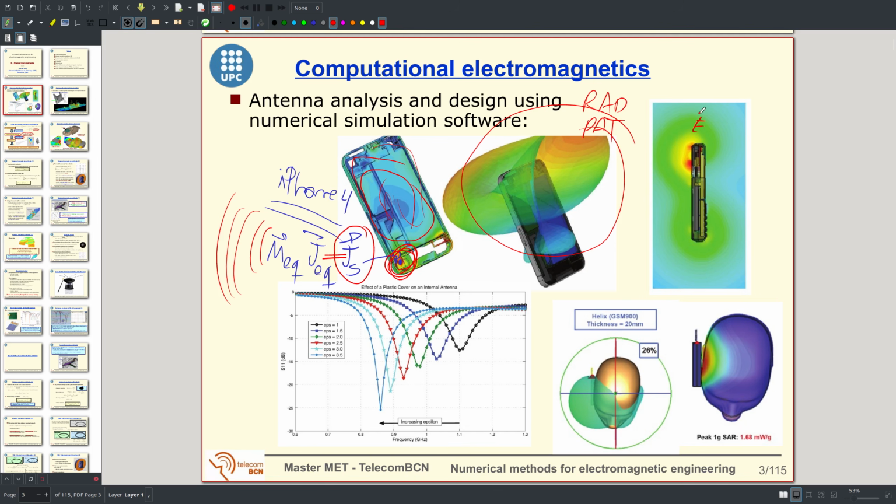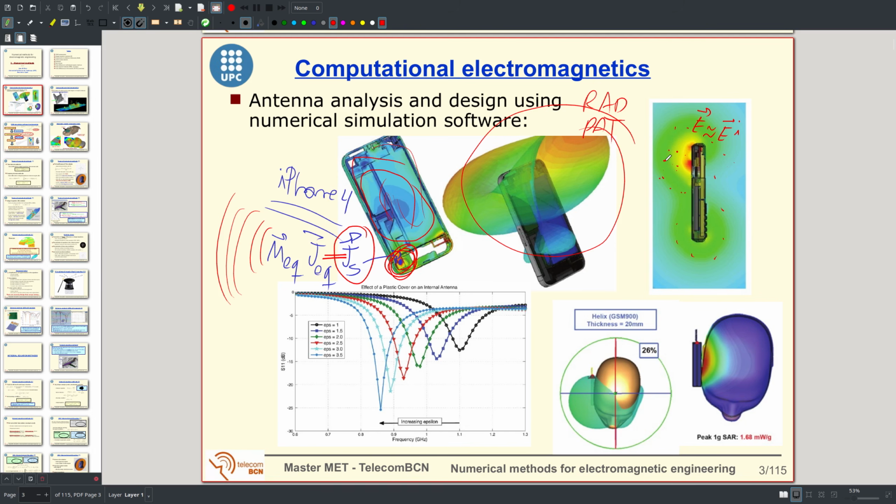So this should be the field close to the phone, that is the induced field. The radiation pattern, you usually compute for every observation angle, and here you compute the field at all points in the volume of space surrounding the phone. Okay? This is also interesting.